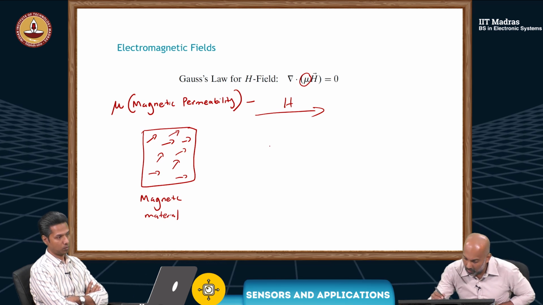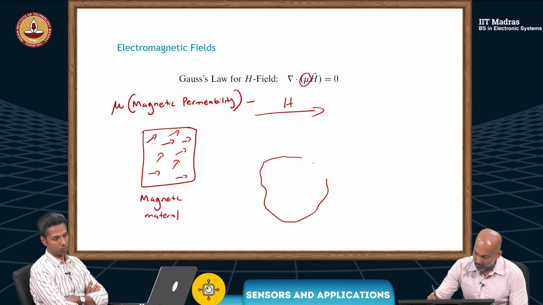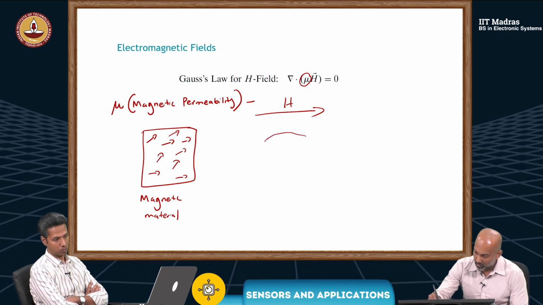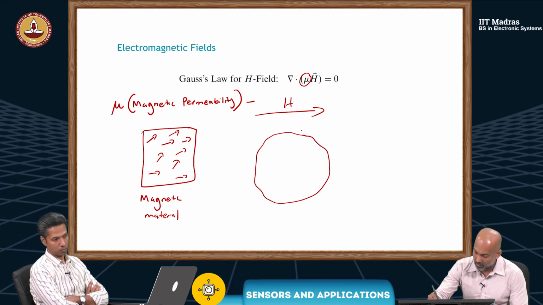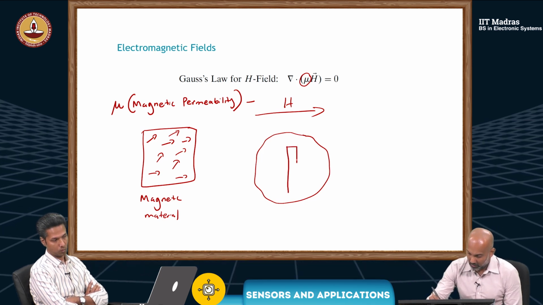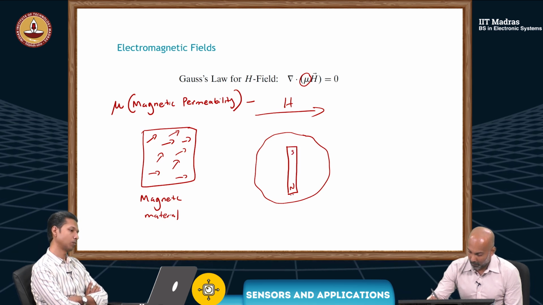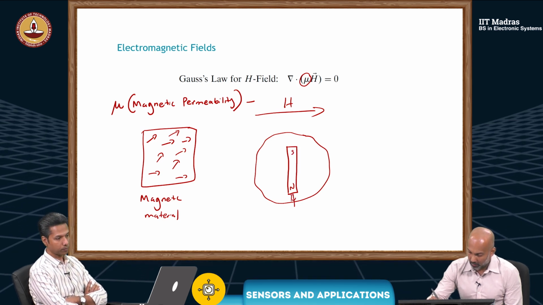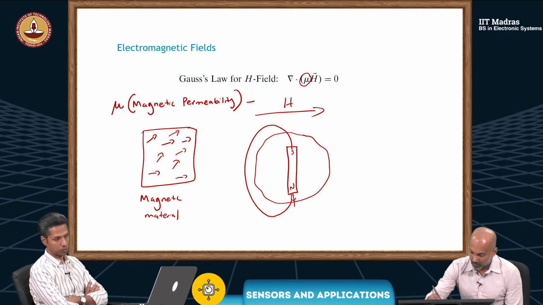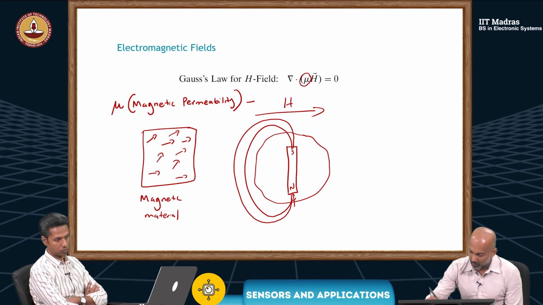So I think last time we had our closed surface, and then we said there's, let's say, some virtual magnet here, near this magnetic field.